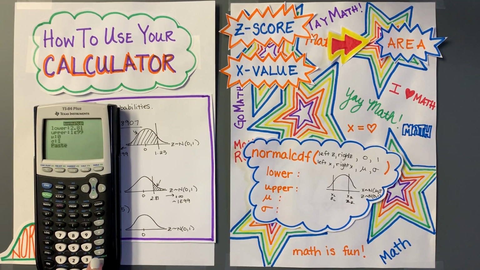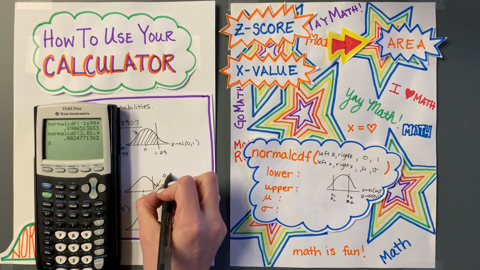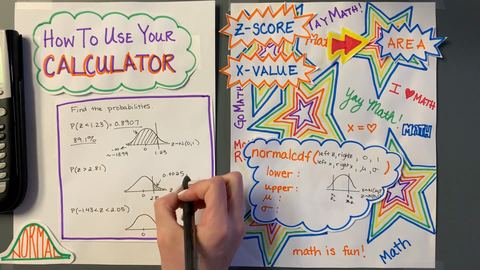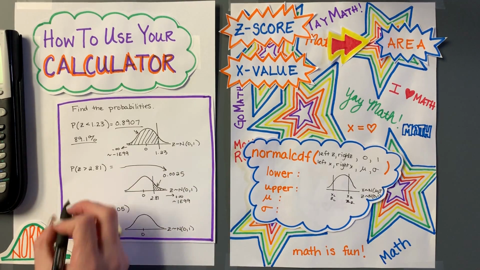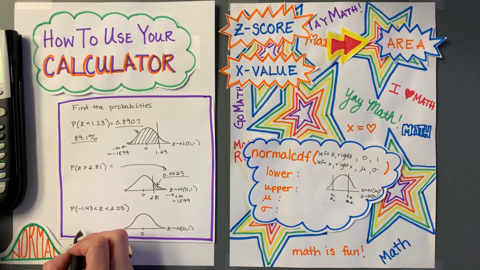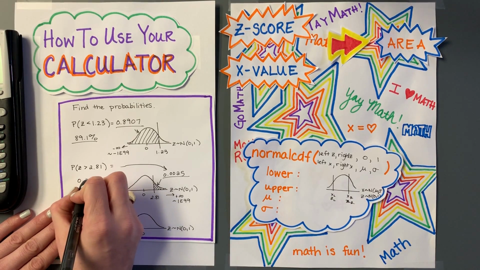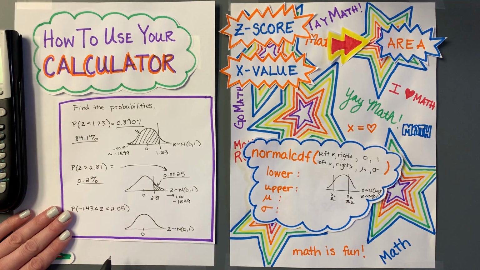The mean is 0, the standard deviation is 1. And I get that this is 0.0025. So that is my probability. We can either have that, or we can say it is 0.2%. Both of those are correct.